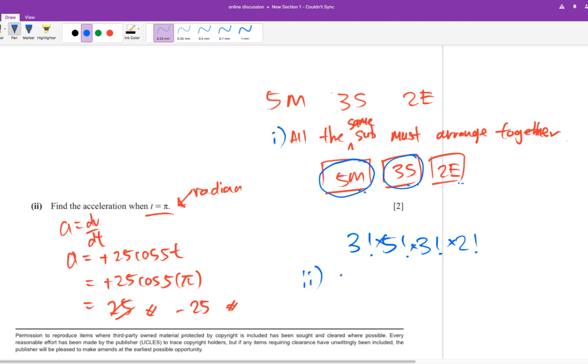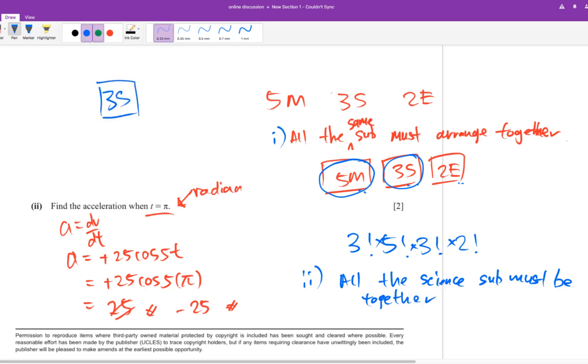I say all the science subject must be together. If all the science must be together, that means I will group the science together. I have 3 science books here, then I have 5 mathematics books, and then I have 2 English books.